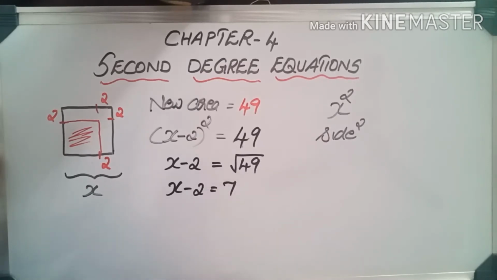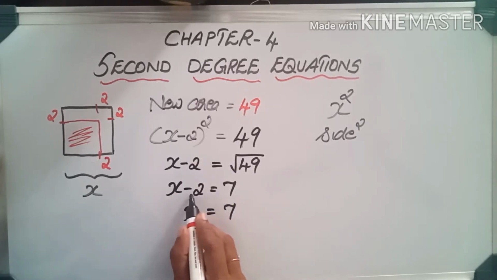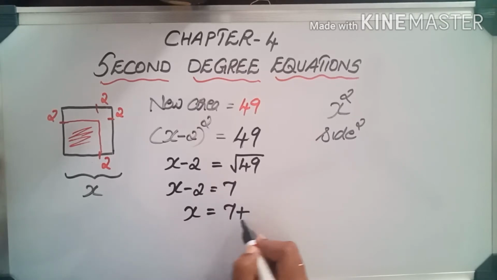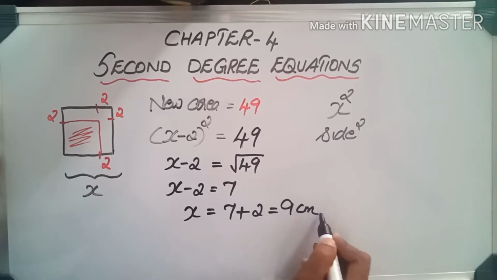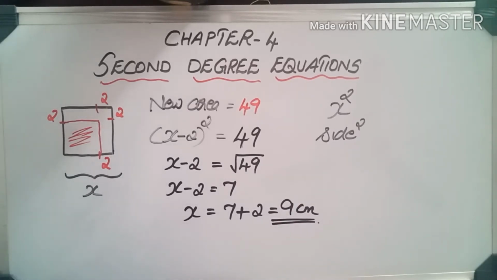We need to find x, so x is equal to 7 plus 2, minus 2 comes to this side as plus 2. So 9 is the original side. Original side of the square is 9. After reducing 2, it will be 7. That's why we got the answer 49. So this is the answer for the first question.